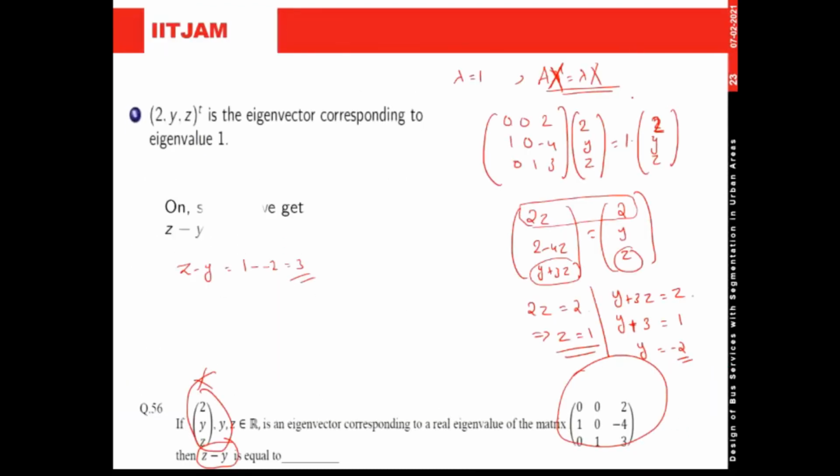Okay, so now I will do a problem. This is a very easy and direct problem in differential equations. We can do it very easily.